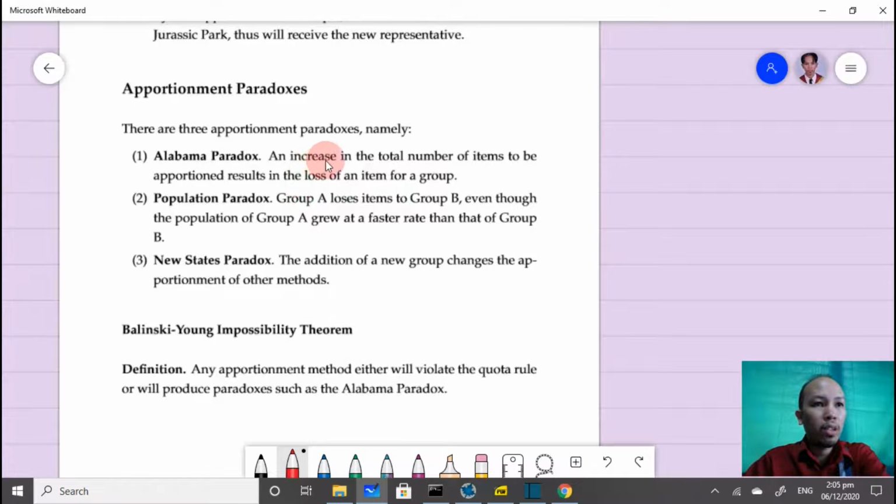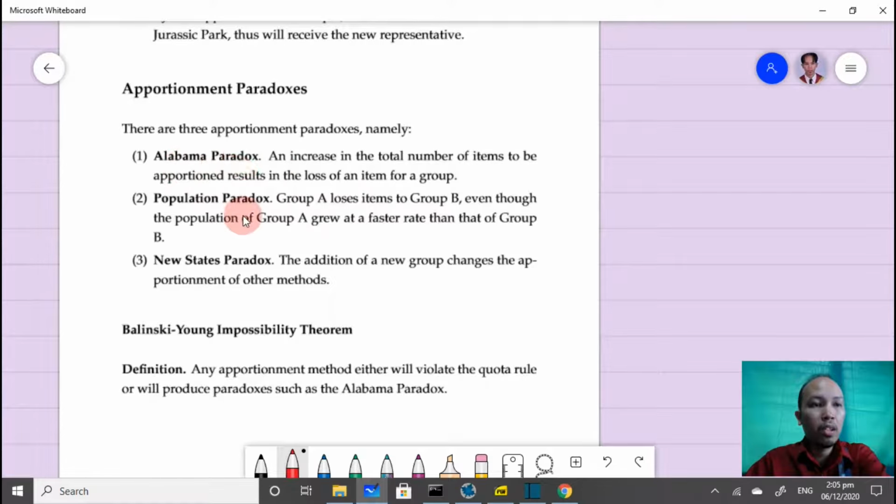So if you are going to increase, and a particular state will lose an item, then we commit the Alabama paradox.